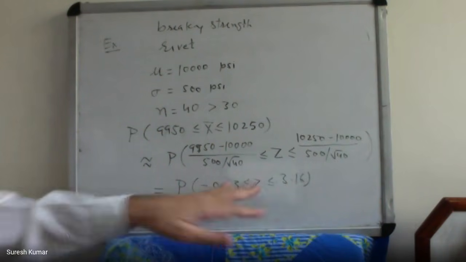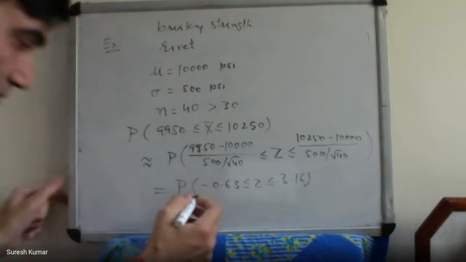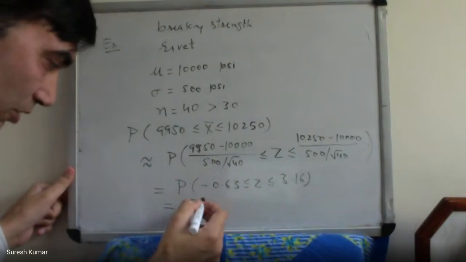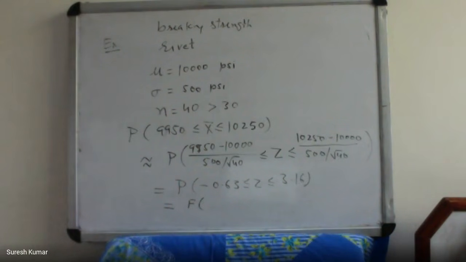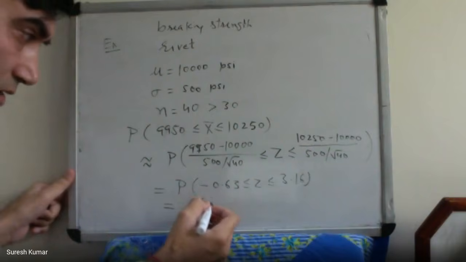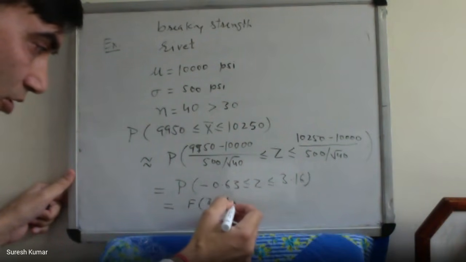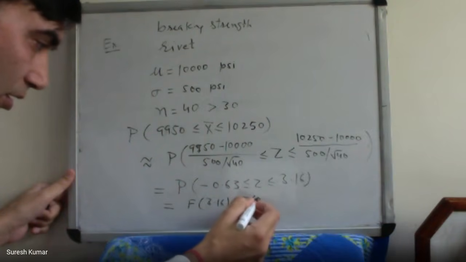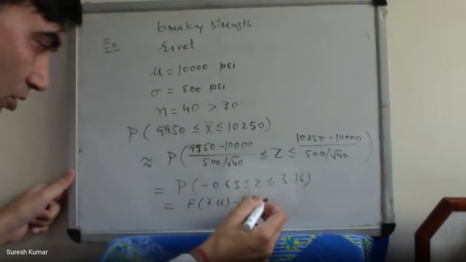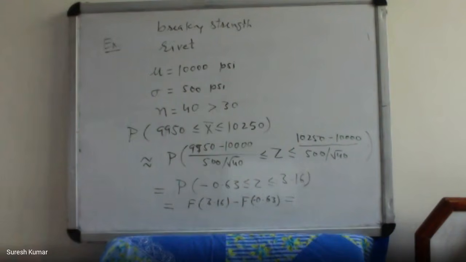So it is the range of a standard normal variable. You can change it to capital F, the CDF of the standard normal variable, and write F of 3.16 minus F of minus 0.63. These two values you can see from the table and calculate the difference.